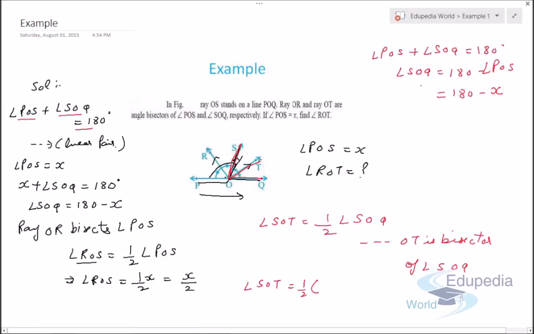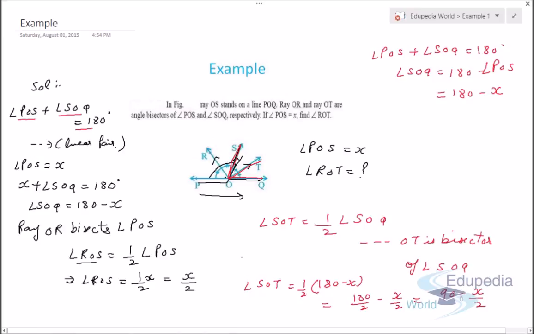So we can write 180 minus x, which can be further written as 180 divided by 2 minus x by 2, which is 90 minus x by 2.